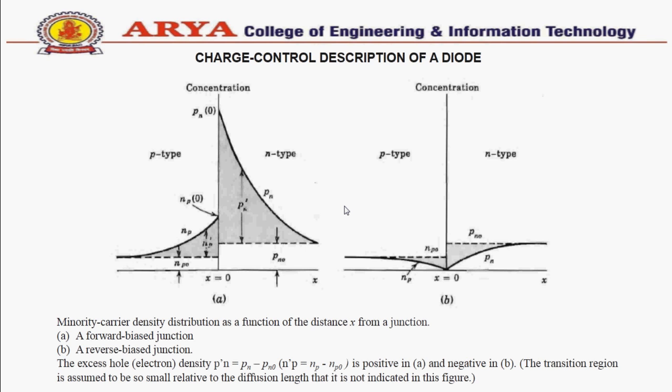Now consider charge storage under reverse bias. When an external voltage reverse biases the junction, the steady state density of minority carriers is shown in figure B. Far from the junction, the minority carriers are equal to their thermal equilibrium values, that is p_n0 and n_p0. As the minority carriers approach the junction, they are rapidly swept across and the density of minority carriers diminishes to 0 at the junction.